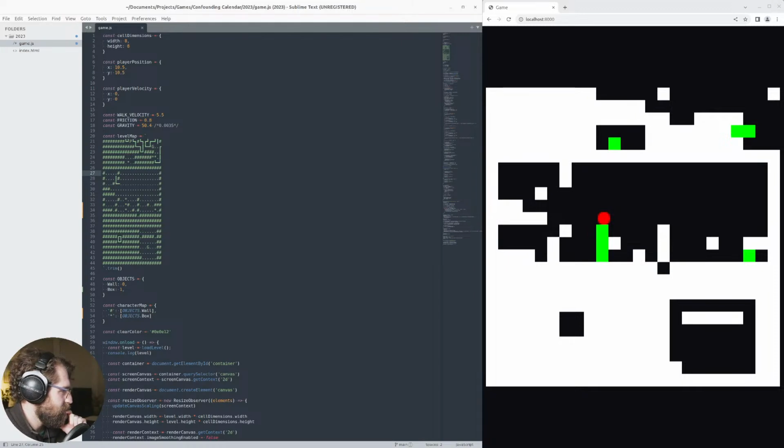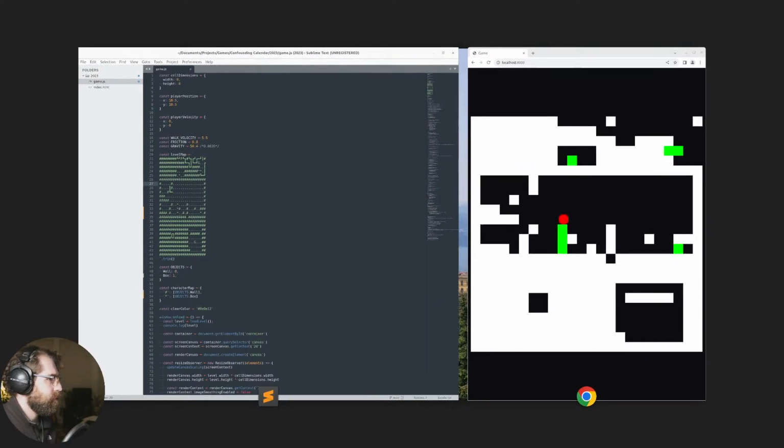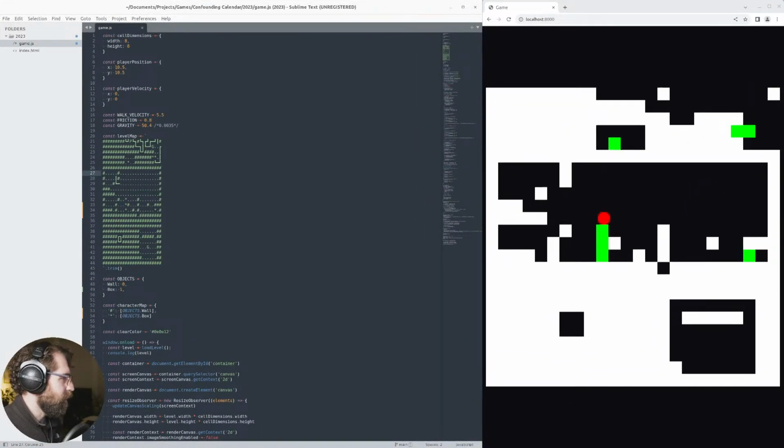There we go. Documents, projects, games. Okay. Can I open that in GIMP or anything? Do I even have GIMP installed? Quite possibly not. No. Oh well, I'll do art later.